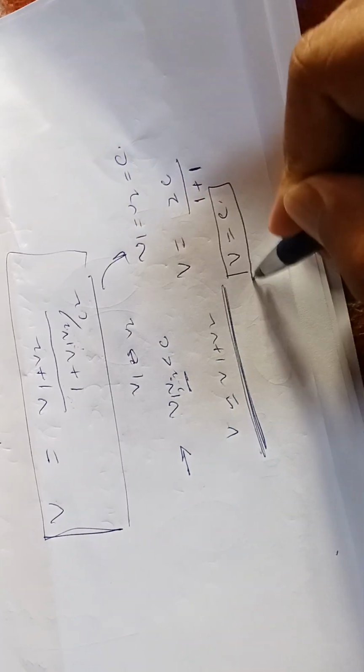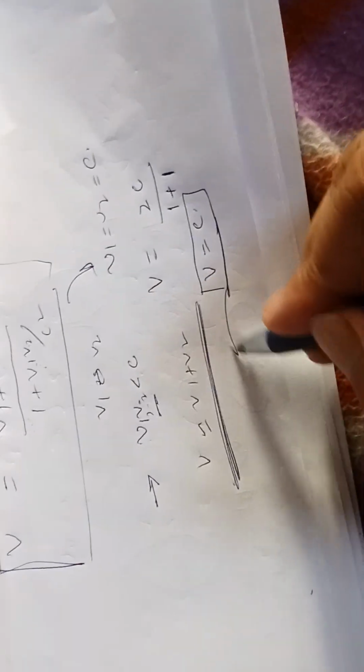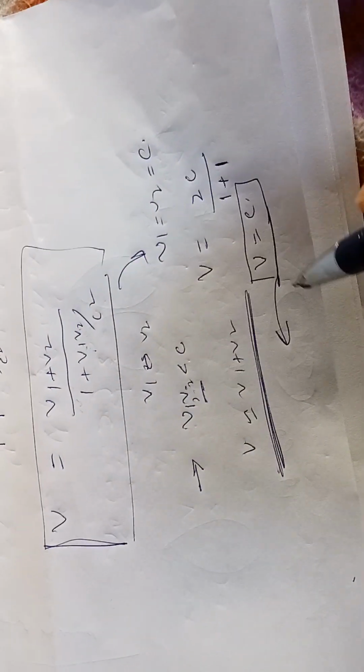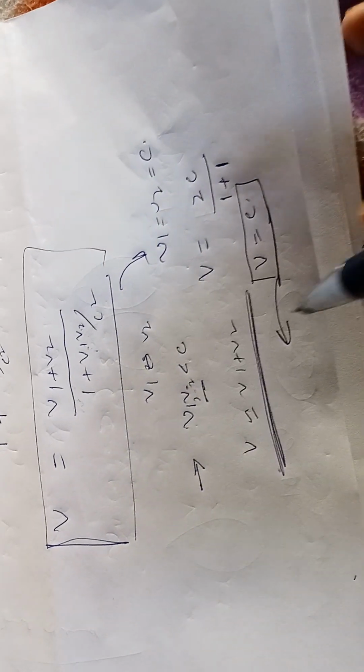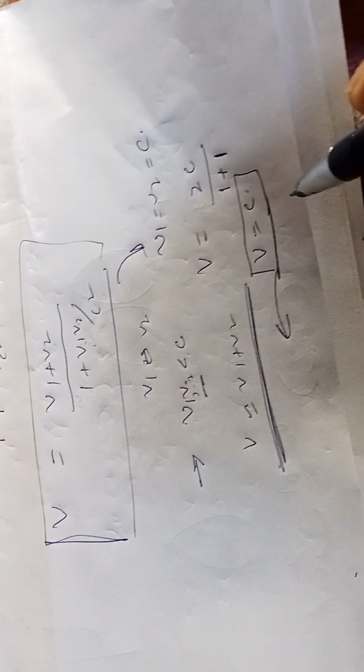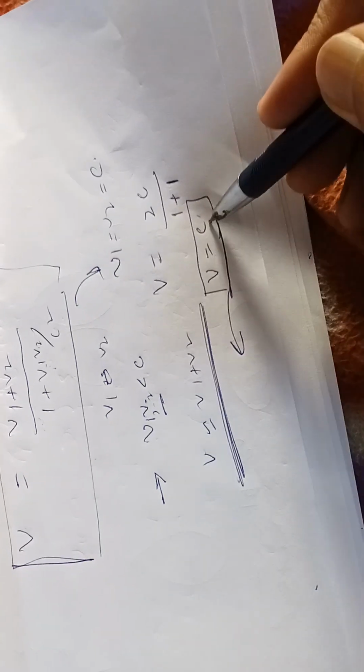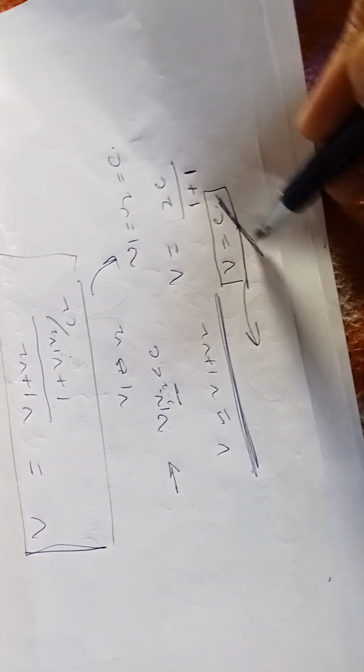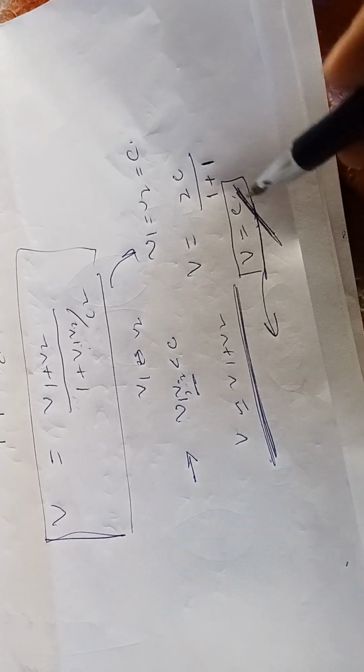The third conclusion is indeed a very, very important conclusion, which I will state here. For all observers, no matter whether they are at rest or in motion, the speed of light is the same.